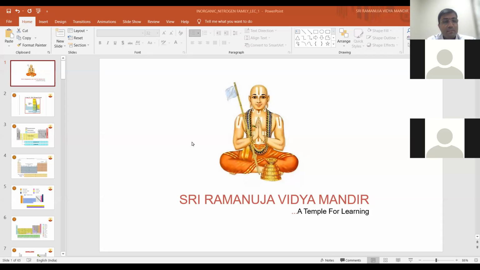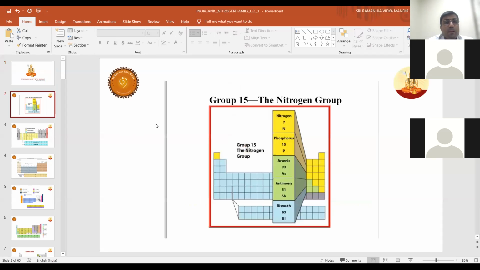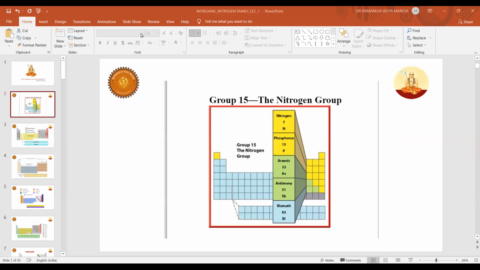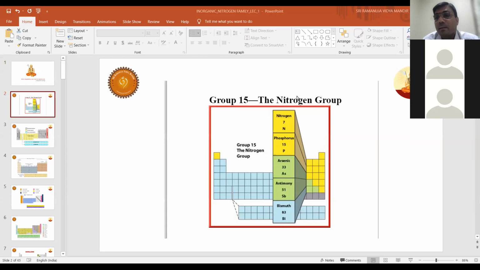In today's discussion, we are going to discuss group 5. You are all aware that students are expected to know all the elements of the periodic table.